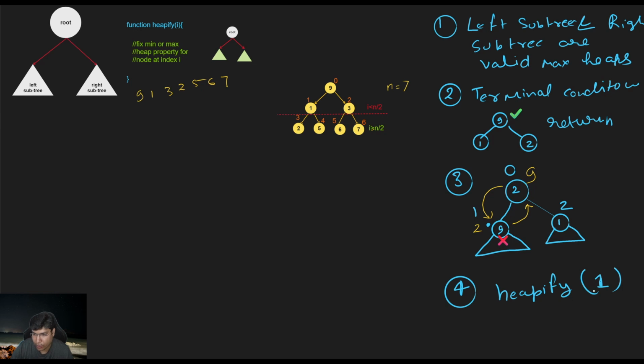Although we are working our way up from bottom to top, like from this layer to the root node, if a violation happens while trying to fix the root node, then I have to go back and call heapify on the node which was swapped with the root node. Let's see that in action.